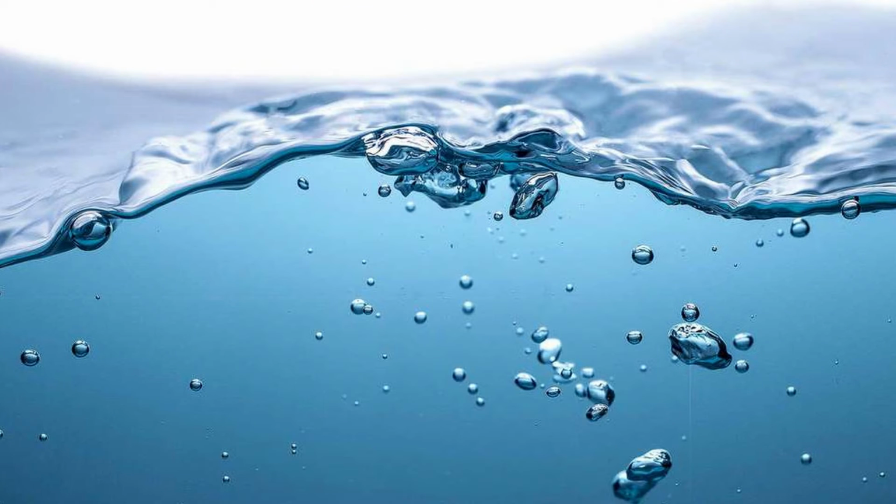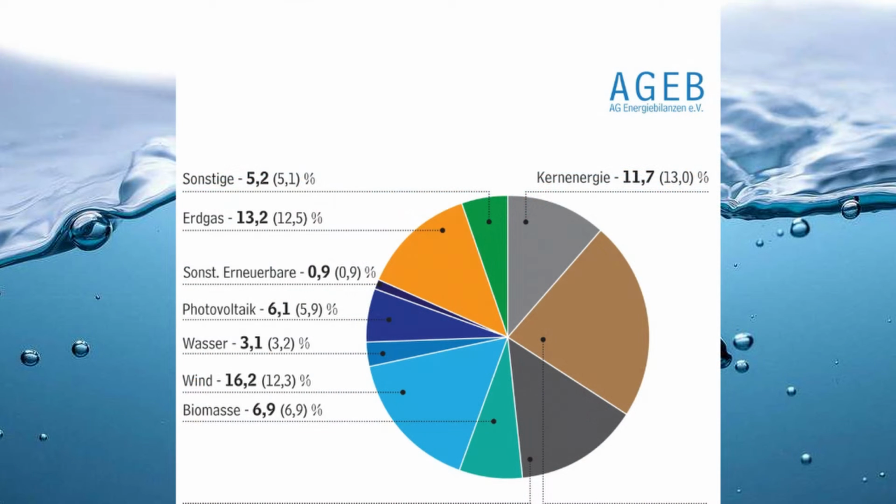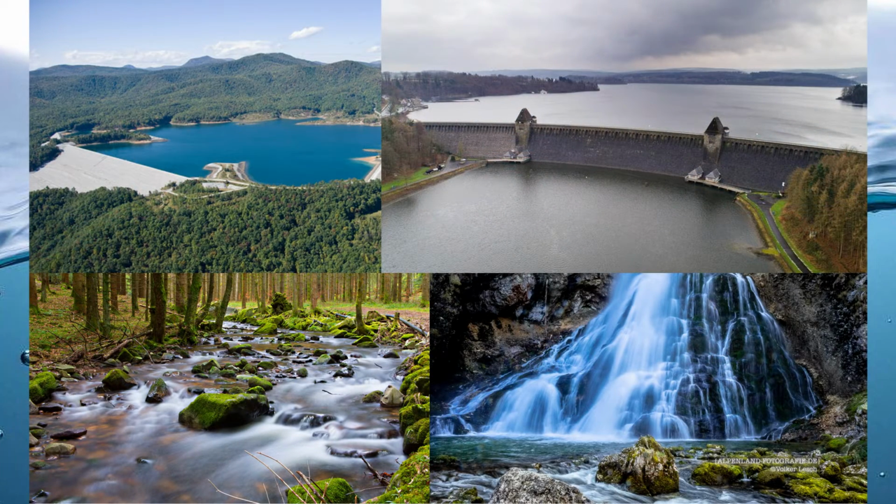Overall, the share of hydropower in the public electricity supply is about 4%. More than 600 hydropower plants of the energy supply companies supply the public grid with their electricity. In addition, there are thousands of private small hydropower plants which also supply their electricity to the public.